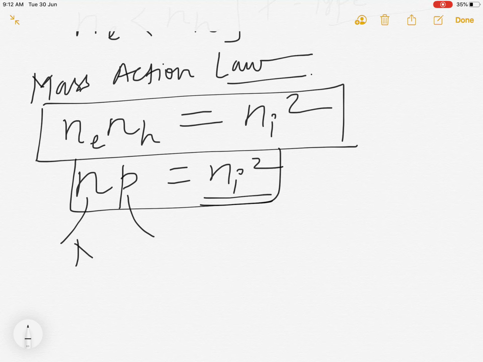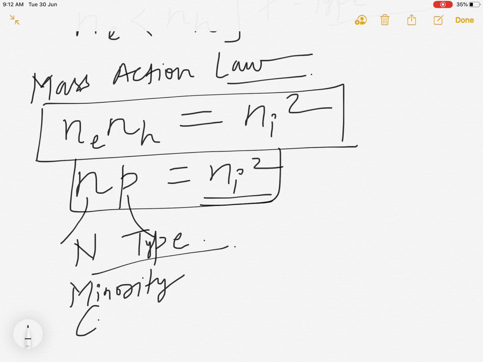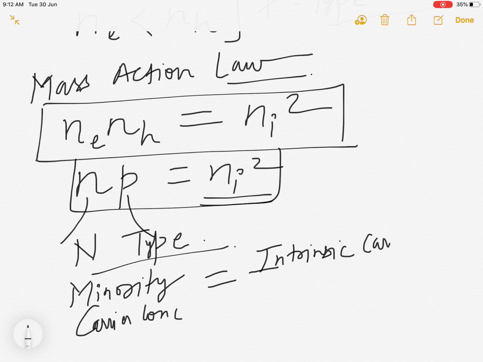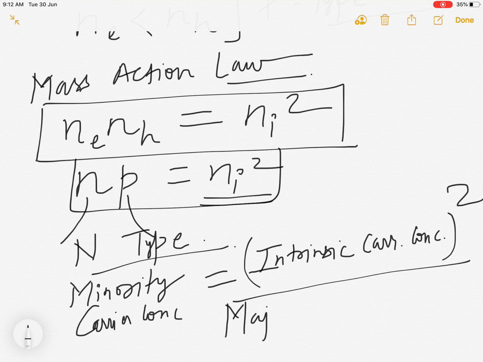So we can say that, let's say if we are talking about n type, right? So n will be greater than p. अगर मैं बात करूं तो माइनॉरिटी कैरियर कंसंट्रेशन क्या होगा? माइनॉरिटी कैरियर कंसंट्रेशन दैट विल बी इक्वल टू उस सेमीकंडक्टर का इंट्रिंसिक कैरियर कंसंट्रेशन का स्क्वायर डिवाइडेड बाय उसका मेजॉरिटी कैरियर concentration.